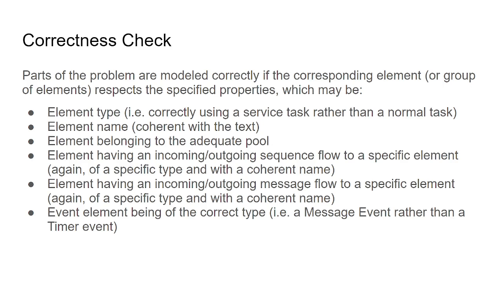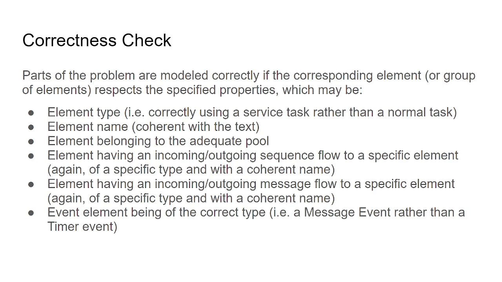The element name: an element needs to have a name that is coherent with the text. An element needs also to belong to the adequate pool, so you cannot have elements belonging to no pool or to the wrong pool. Elements may be connected in terms of incoming and outgoing sequence flow to other specific elements.